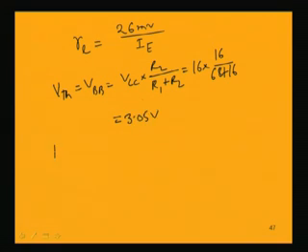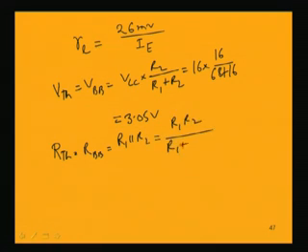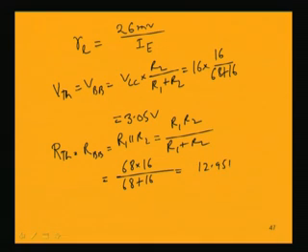And R Thevenin, which I denote by RBB, is equal to R1 parallel R2, that is R1 into R2 by R1 plus R2. So, R1 value is 68 into R2 value 16, by 68 plus 16, and that comes to 12.95 kilo ohm.